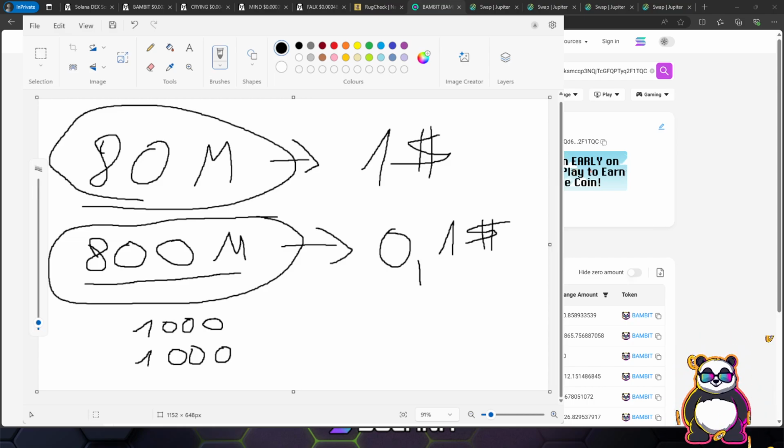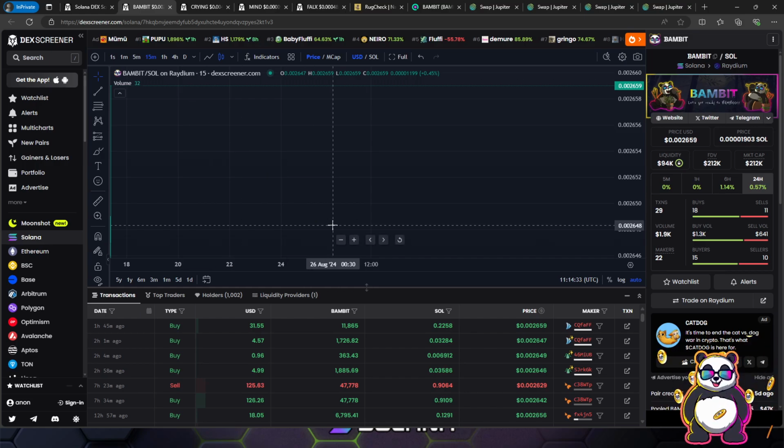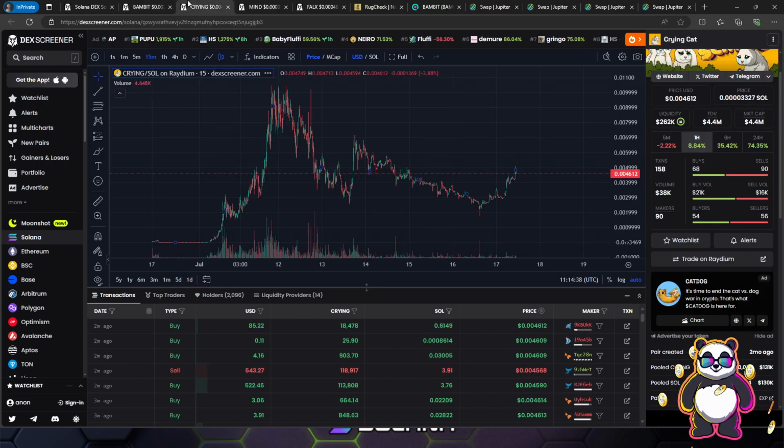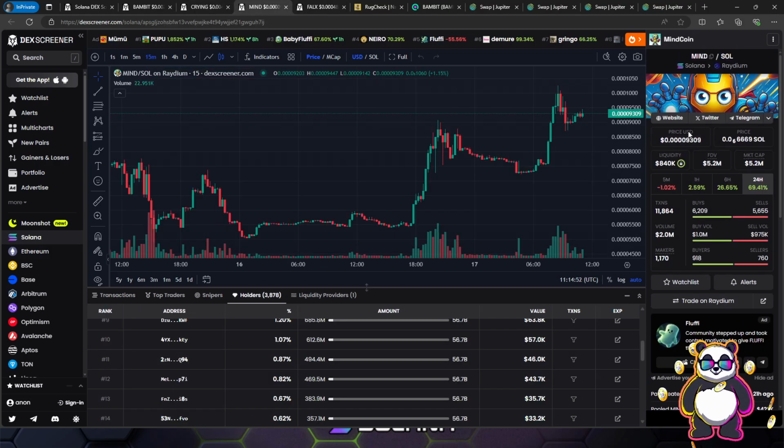And if you go back to the liquidity pool, that's what makes it easier to push a coin. Let's say for this coin to go to 10 million market cap, it's going to require more than twice less money than this coin would, because it has a bigger liquidity pool.